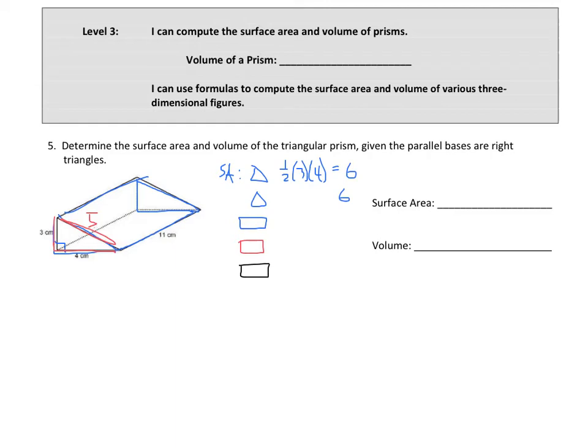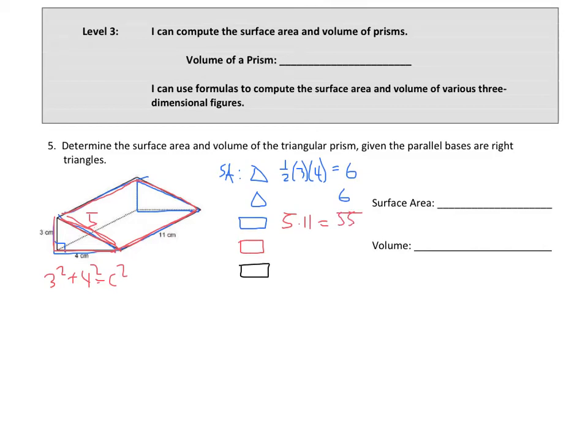Or I could do Pythagorean theorem, 3 squared plus 4 squared equals c squared, and you would get 5 for that missing side. So for the area of this top rectangle, I'm going to do 5 times 11, length times width. And we get 55.